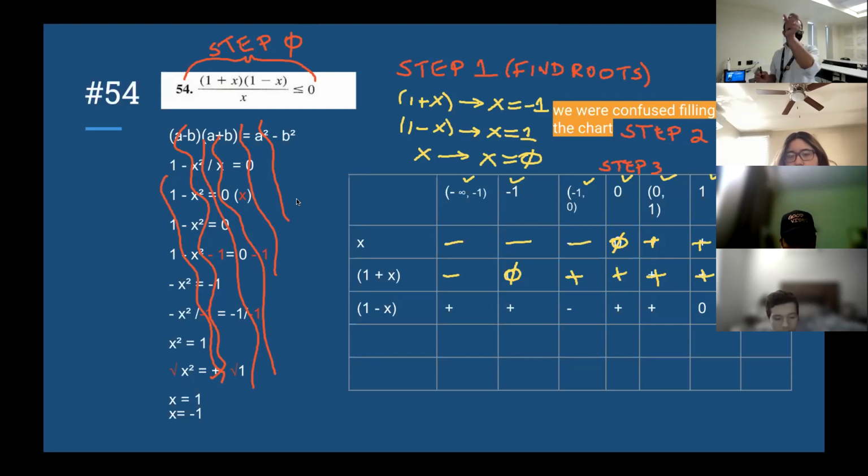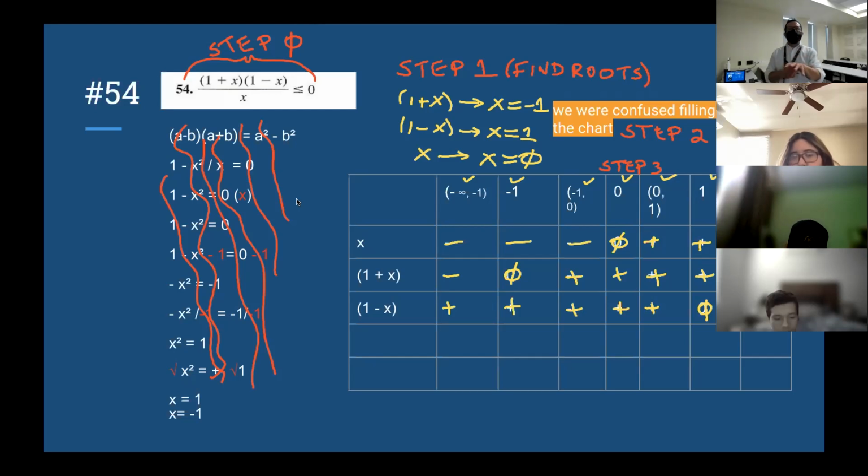Here, if I substitute anything below the 1, I am going to get a positive. This is correct. Again, if I substitute anything between -1 and 0, I'm going to get a positive number. For example, if I take 0.5, 1 minus 0.5 is 0.5. It's positive. This is positive. This is 0. And this is negative. Okay.